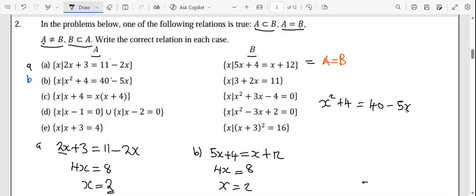Is that okay? Good. So how do we approach this one? It's a quadratic equation. How do we solve it? Let me just group it the way it is, and put it in the form of a quadratic.